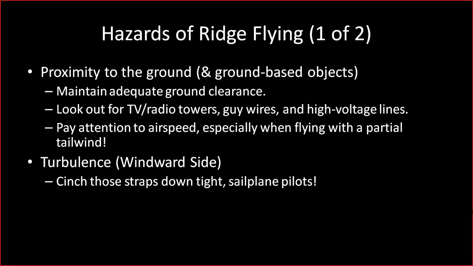In a sailplane where you're zipping along at 80 to 100 knots, these are like, I'm told, because I haven't had this experience yet other than in Condor, which doesn't throw my seat around, hitting potholes, and you can go negative. So cinch your straps down tight if you plan to be doing some close to the ridge fast flying, to keep yourself from smacking your head on the canopy.